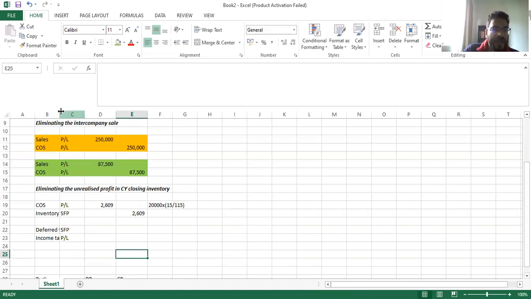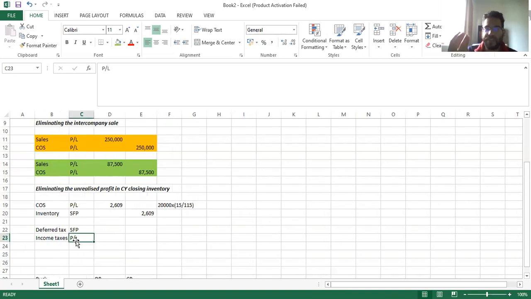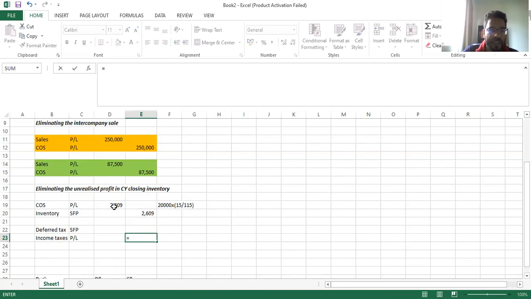So while we have a credit to P&L, remember, because profit is going down, tax must go down. Tax is an expense. So if tax is going down, expenses is going down. When expenses is decreasing, profit goes up. An increase in profit increases equity, equity increases on the credit side. That is why we credit profit or loss. And the other side goes to deferred tax balance sheet. So it's simply going to be that amount times 28%.